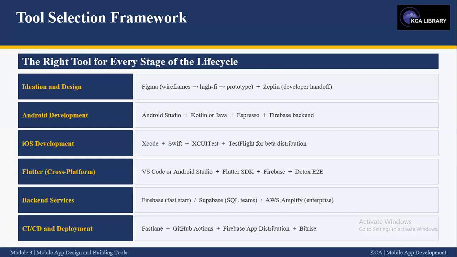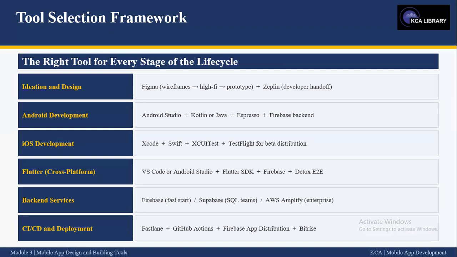CI/CD deployments: Fastlane, GitHub Actions, Firebase App Distribution plus Bitrise. A structured approach to tool selection ensures efficiency throughout the development lifecycle.